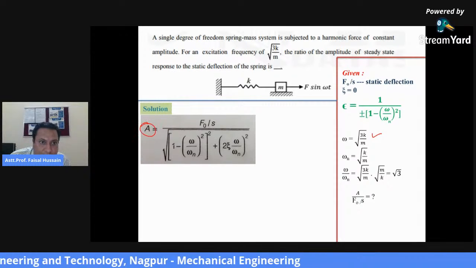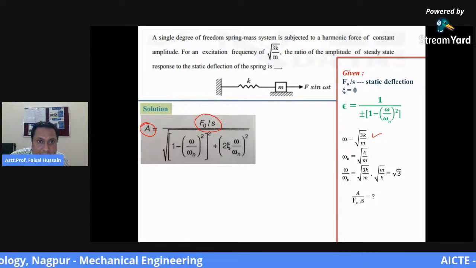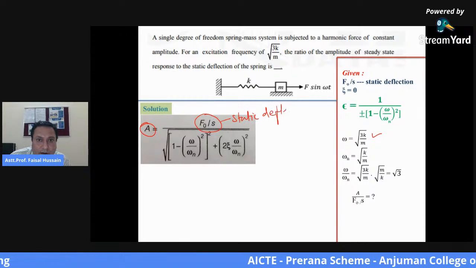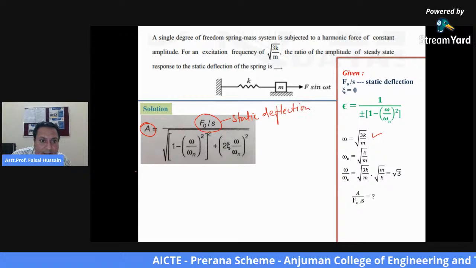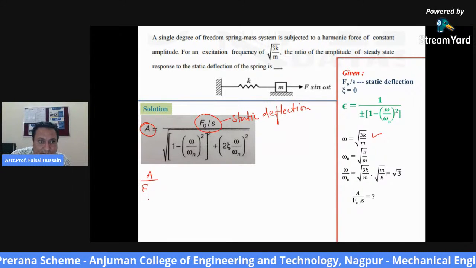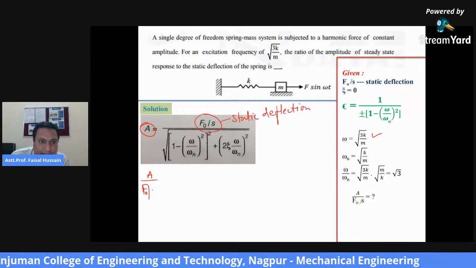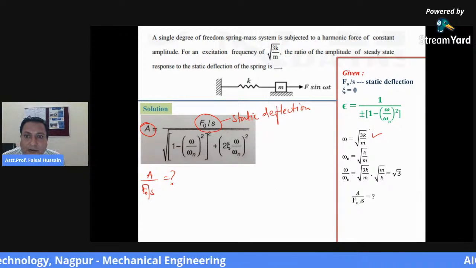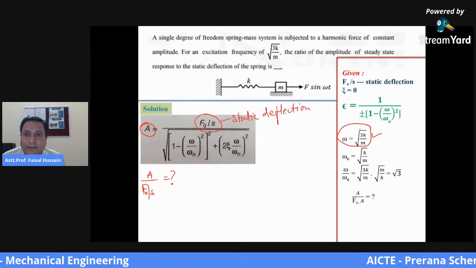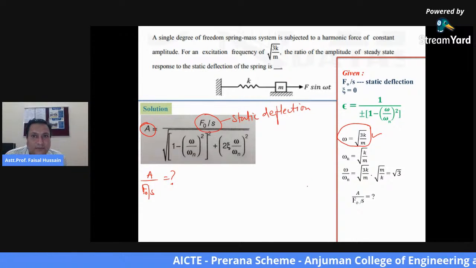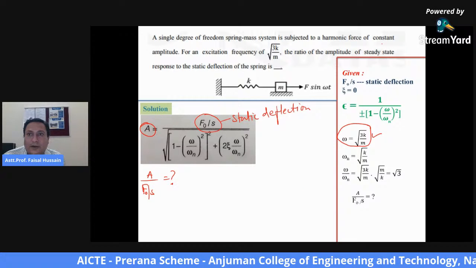See, A is your amplitude and F0 by S is your static deflection. So the question says that we have to determine the ratio of amplitude of steady state response to the F0 by S. This we have to find out. And for that purpose, omega is given as root 3k by m.